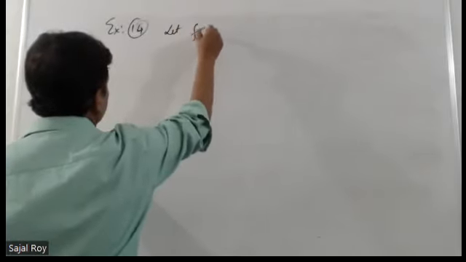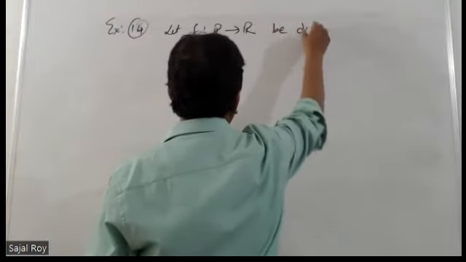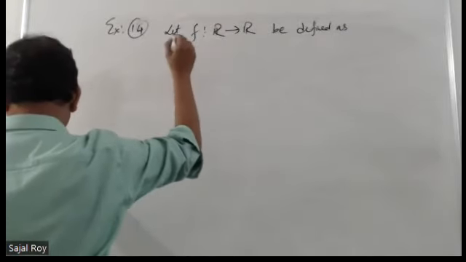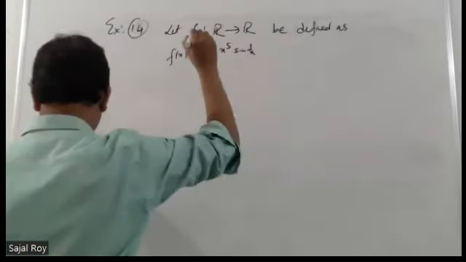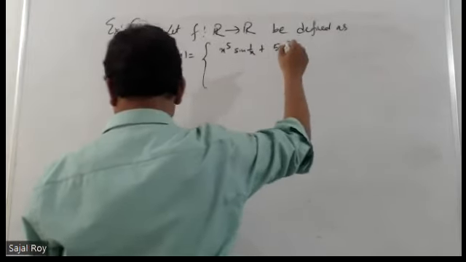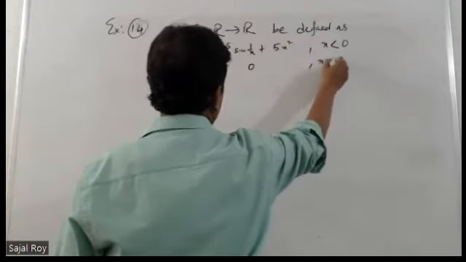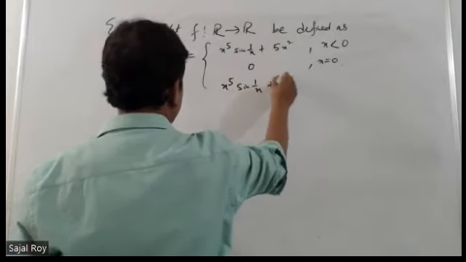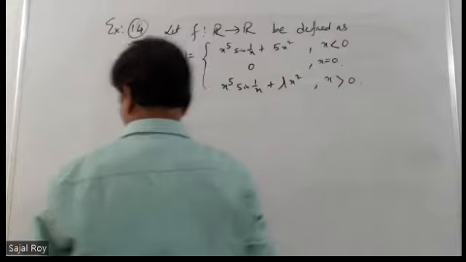Let f from R to R be defined as f(x) equal to x to the power 5 sin 1 by x plus 5x square for x less than 0, equal to 0 when x equal to 0, x to the power 5 sin 1 by x plus lambda x square when x more than 0.